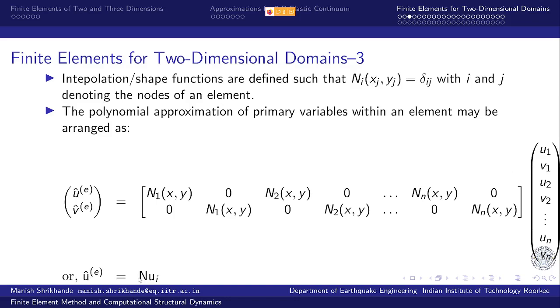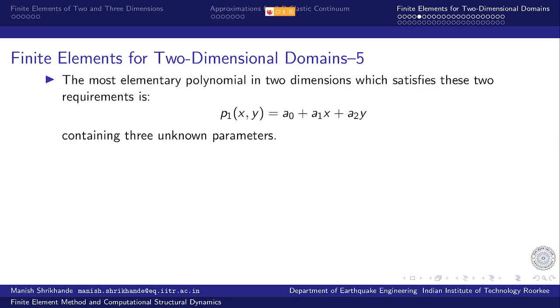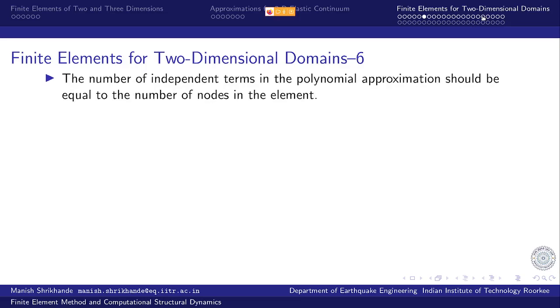So u is given as Ni ui, and similarly we can write u double dot, the accelerations, as the summation of Ni ui double dot, summation over i. So that would be the variation of the acceleration field within the element domain, and then that domain integral can be evaluated, and subsequent analysis can be conducted.